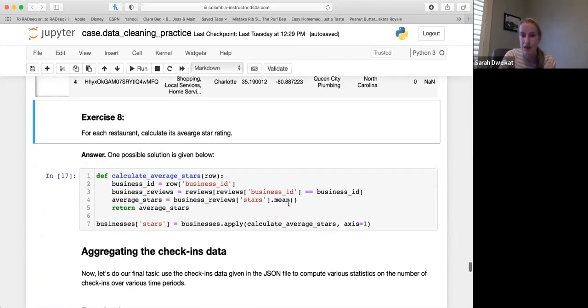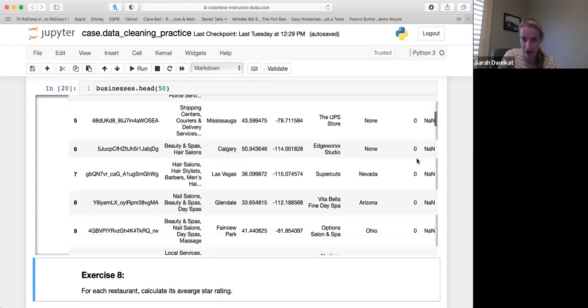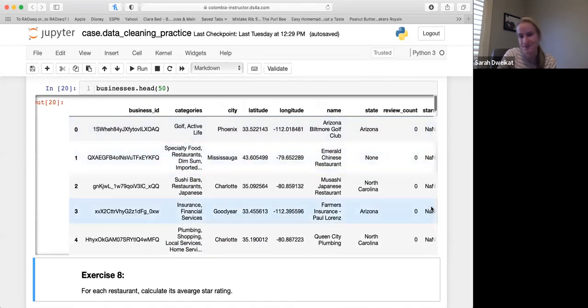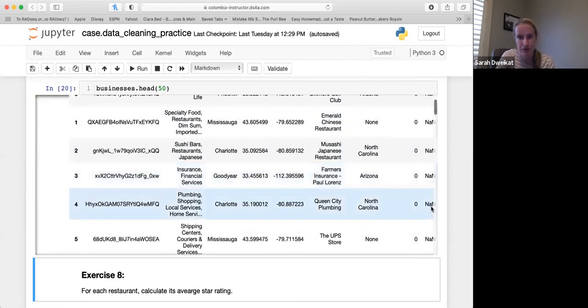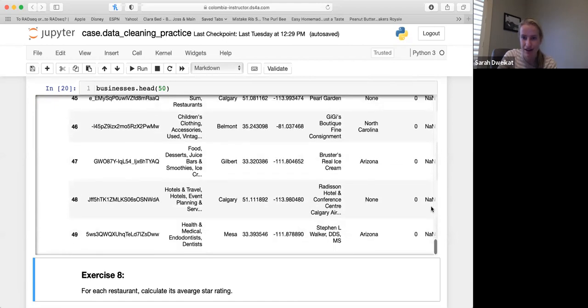Here, we're taking the mean of the stars for those businesses that have the same business ID and multiple reviews. We're applying that to make a new column called stars, and then this is what the output looks like. We have the stars column. Since we don't have any reviews, we don't have any stars, and we can't add the average for those.